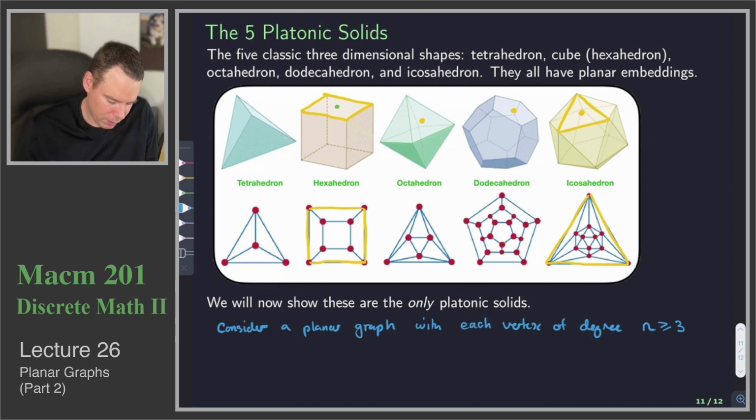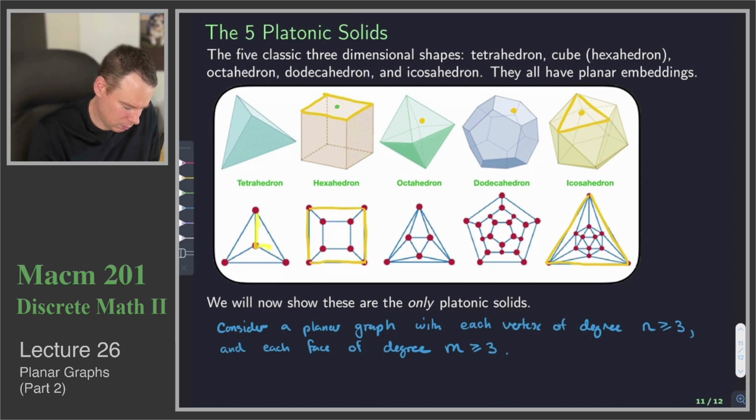So consider a planar graph with each vertex of degree 3 and each face of degree m. And again, that's greater than or equal to 3. So this is just going to be, in the first case, our faces all have degree 3, including the infinite face, it's a degree 3.